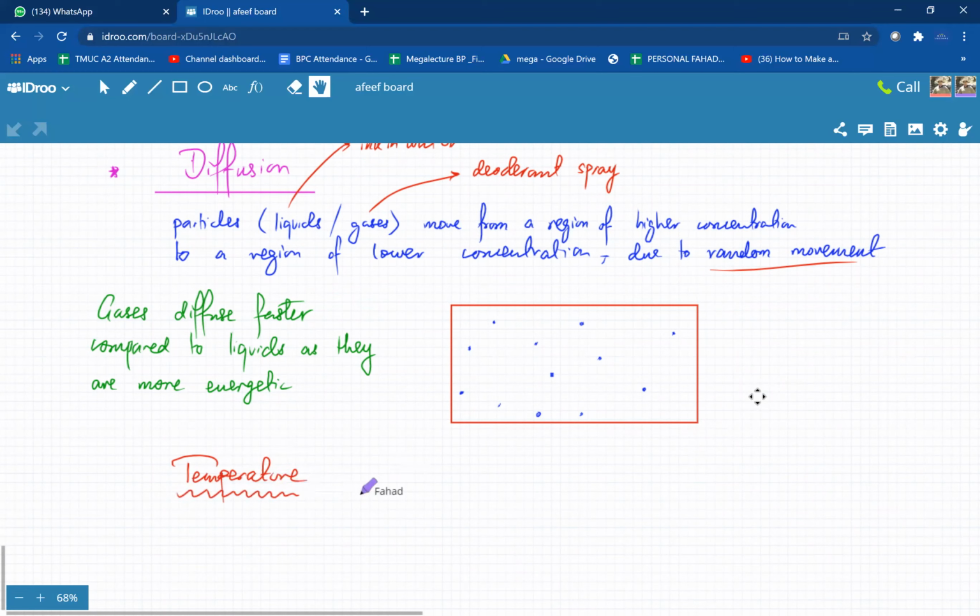If you have more temperature, there's more energy in the molecules to cause them to move quicker. Higher temperature, more energetic, which means faster speed, so they travel faster, hence faster diffusion.